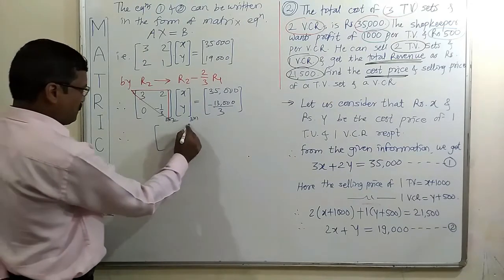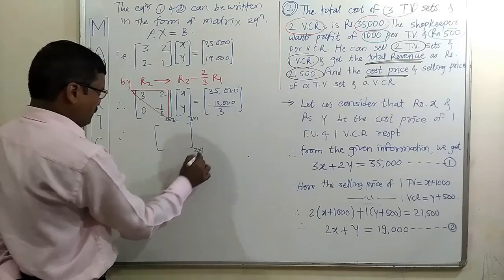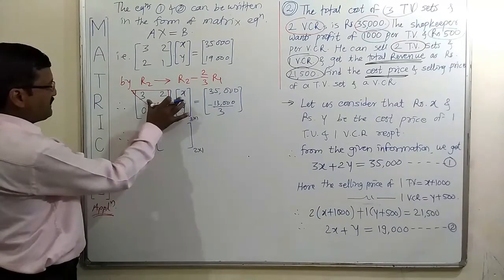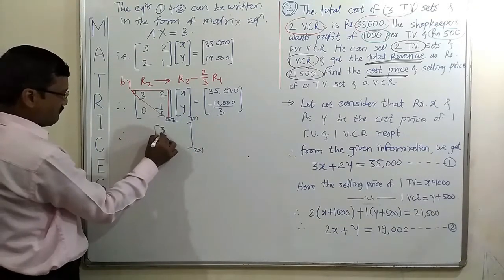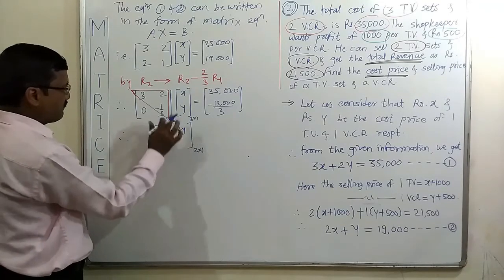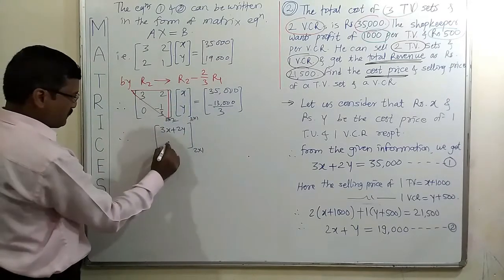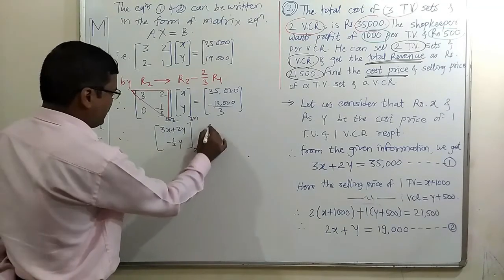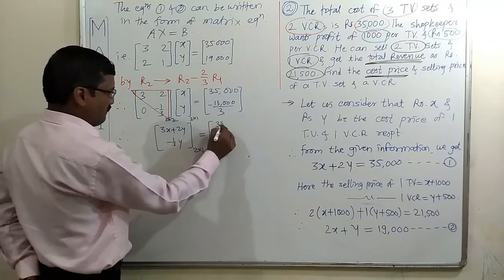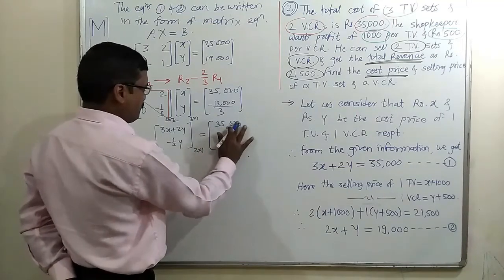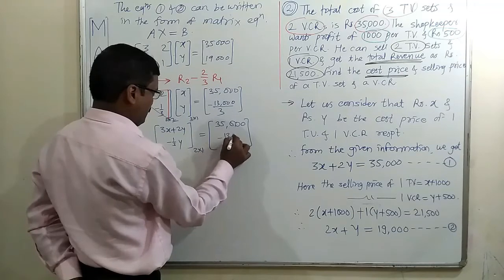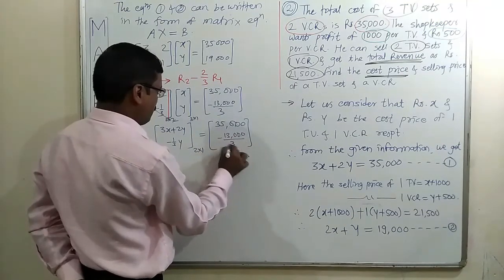So we get a matrix of order 2 by 1, containing 2 rows and only 1 column. So this is 3x plus 2y, the first element. Second element 0 minus 1/3 y. And it is equal to the same 35,000 and minus 13,000 upon 3.